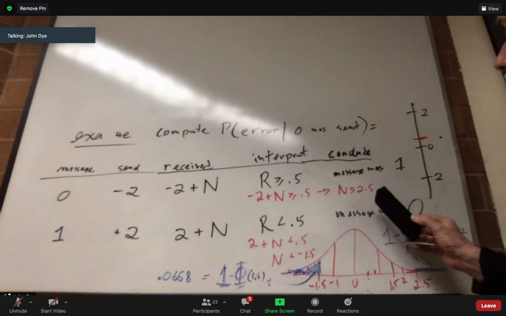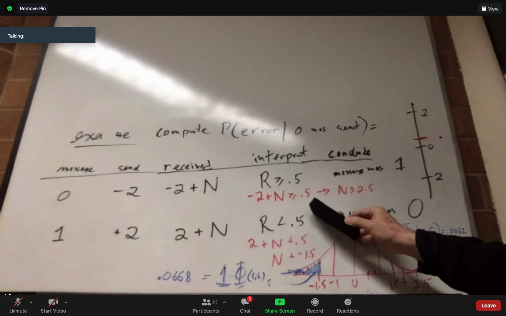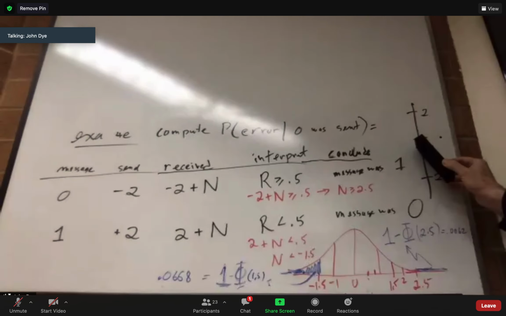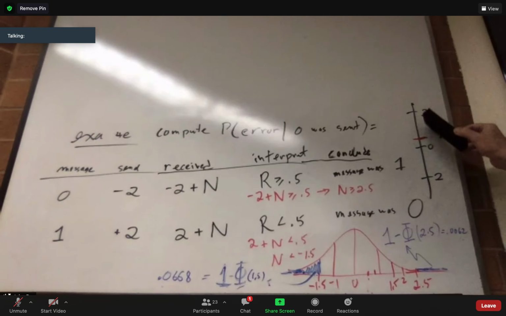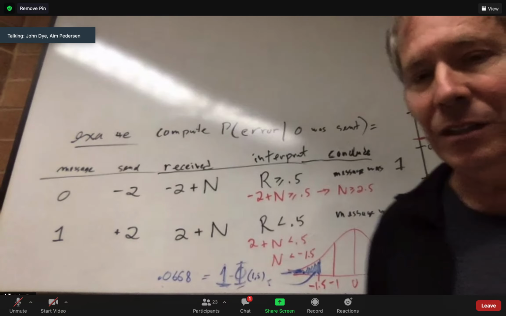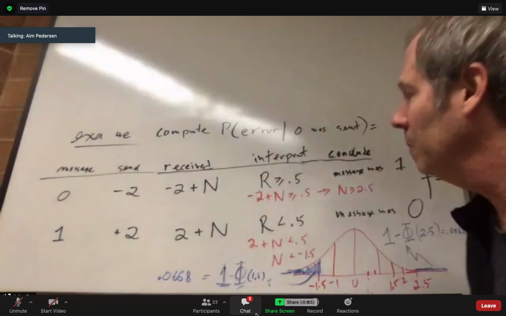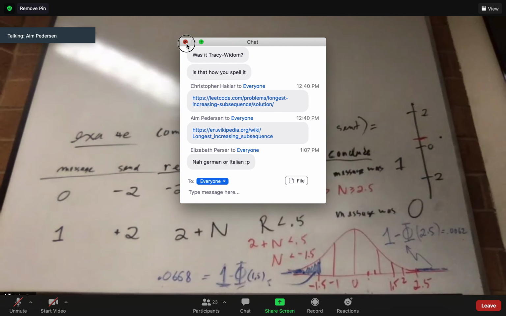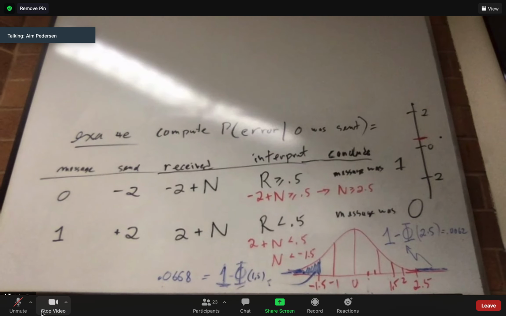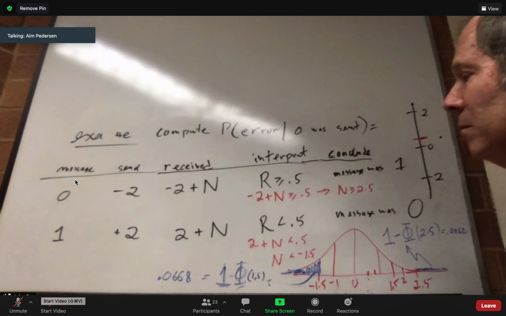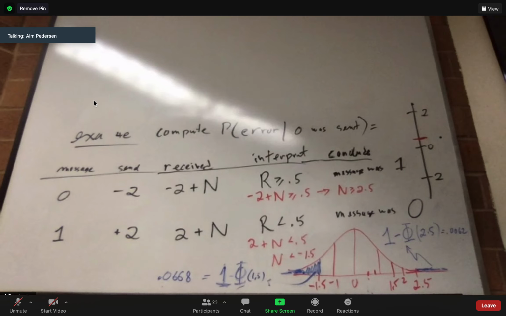Oh, whatever. Okay, I'm too tired. Yeah, the error when sending a 0 is much lower than the error when sending a 1. You have a greater chance of a 1 accidentally being sent as a 0 than a 0 accidentally being sent as a 1.